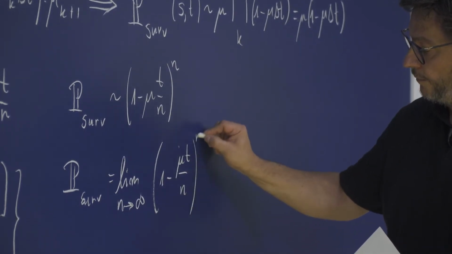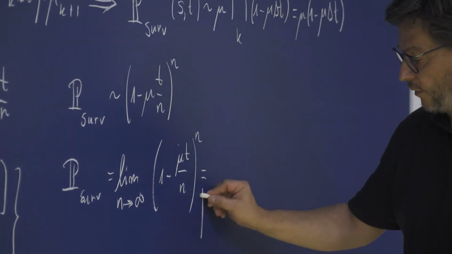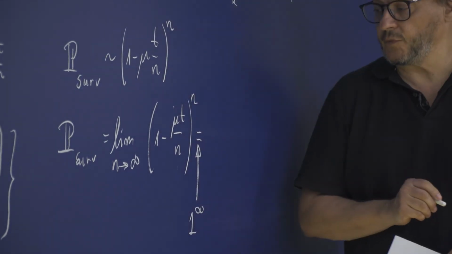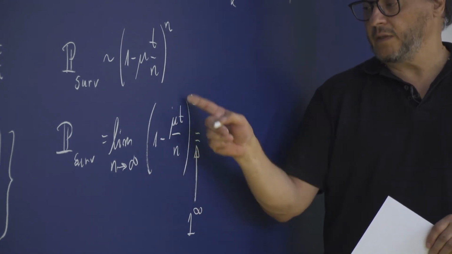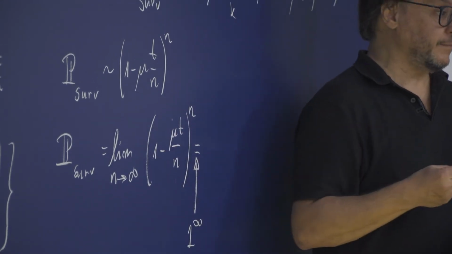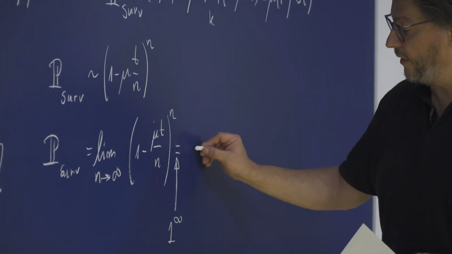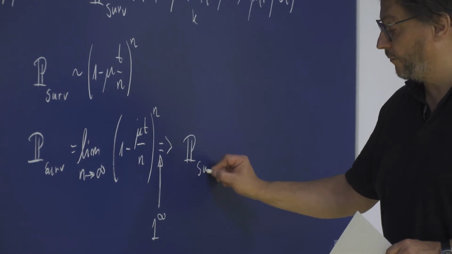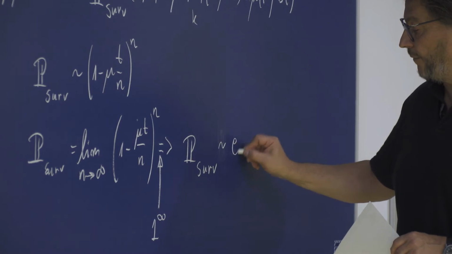And as you know, when I do that, this is one of these indeterminate limits of this form: this is going to 1, this is going to infinity, very large n. And you can show very easily that this leads into the final result. This is an exponential function. Let's put it here this way.